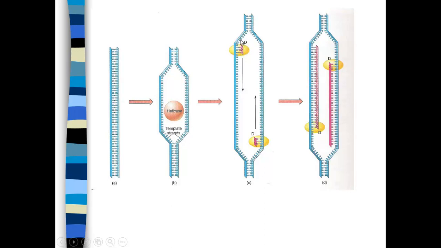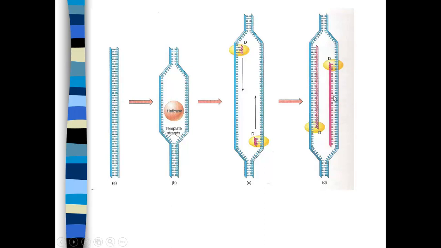Then an RNA primer is put in place, and you get a DNA polymerase molecule here, which looks like an oval, and another DNA polymerase here that looks like an oval. This is going from 5' to 3'. This is also going from 5' to 3'. And then as DNA polymerase progresses down, that creates a new strand, which we call the daughter strand.